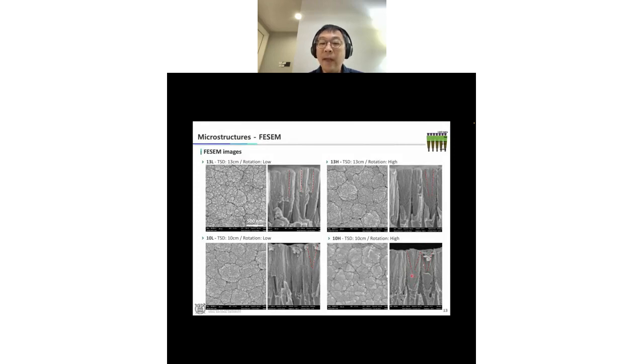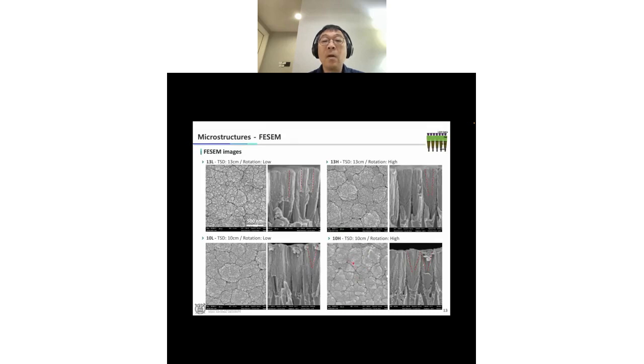The growth angle, the growth direction of this columnar film, is difficult to observe using some parameters. Also, on the surface you can see some small grain spots, versus some films that are more dense in this case.